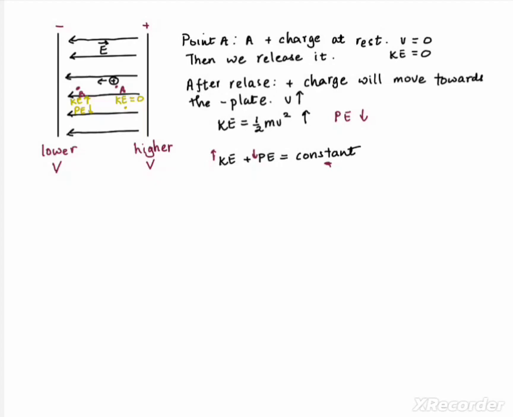In this case, we are going from A to B, a positive charge moving from a higher V to a lower V. Our kinetic energy started at 0 because the charge is at rest, and the velocity increased because it is going towards the negative plate. When it's moving towards the negative plate, it picks up speed, and that means our kinetic energy is increasing. If kinetic energy is increasing, that means our potential energy is decreasing.